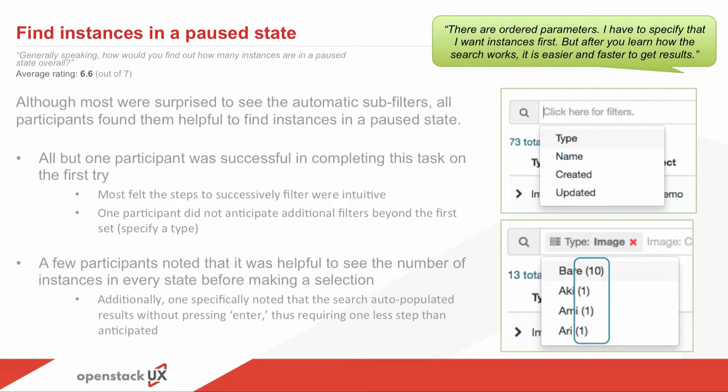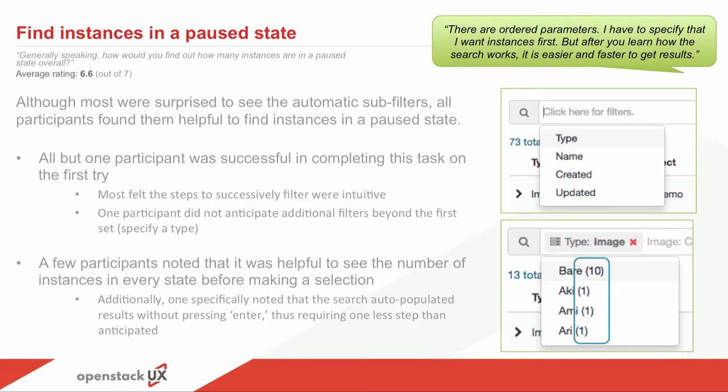The next task was to find instances that were in a certain state, in this case, looking for instances that were paused. What this did is took participants through a series of sub-filters that got more and more specific. When they reached the last set of filters, they were able to see the number of instances in the various states.